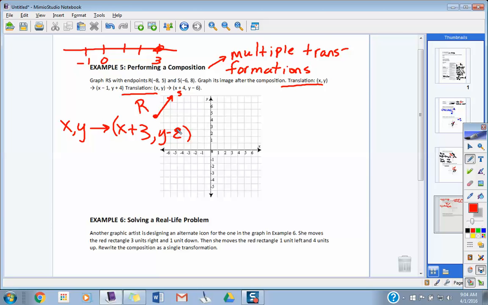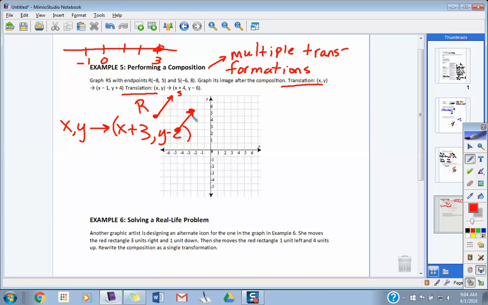I'm sorry, right 3. 1, 2, 3, and then down 2. And it looks like this lands at (-3, 6). There it is. So if I give you multiple translations, and I say, hey, you need to move stuff, do you understand how multiple translations could be rewritten as one single rule of translation? You okay with that? Keep the x's together, keep the y's together.